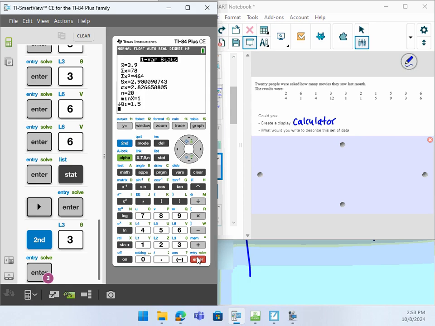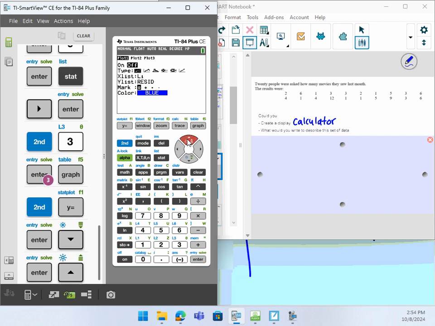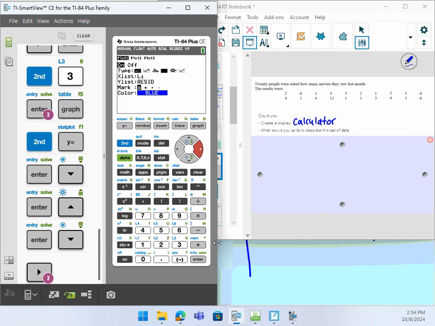Again, that would just give me maybe some of the important information about it, but if I wanted to create a display, something that would be helpful is to click the make a plot. And for this one, I have all of my information in. I don't want a dot plot because I only have one thing. Maybe I make a box and whisker plot, and all of my information is in L3.